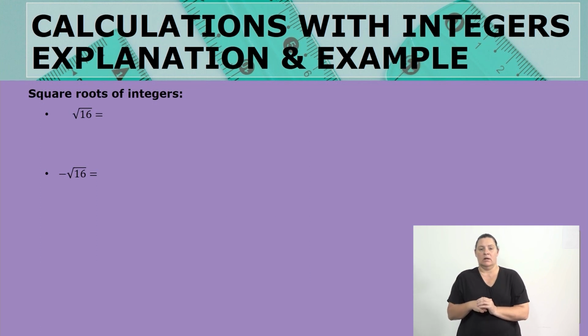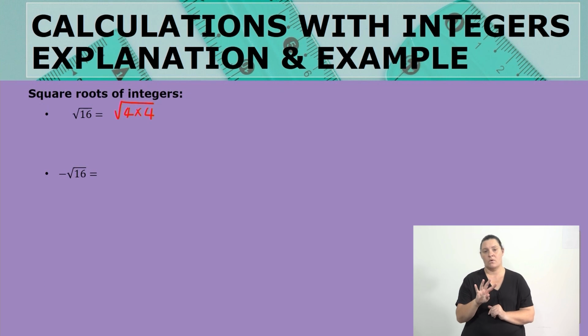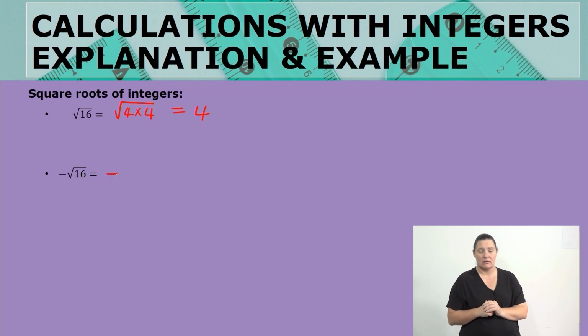So the positive square root of 16 will be the 4 multiplied by the 4, which will give us an answer of 4. But when we are looking at the negative square root of 16, we are still going to be looking at 16 as 4 multiplied by 4.